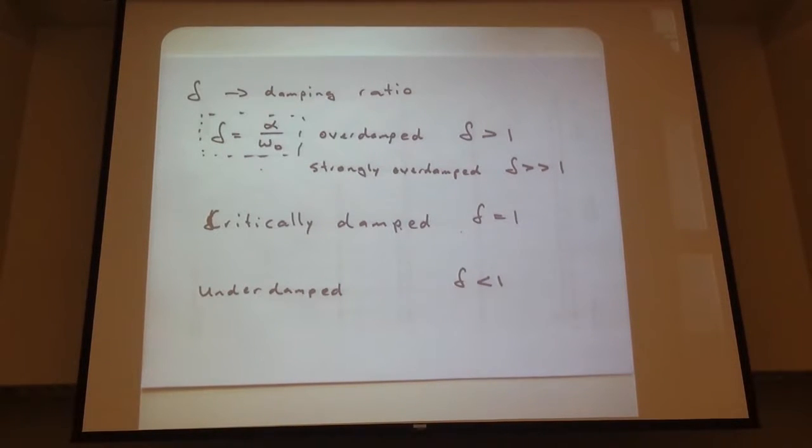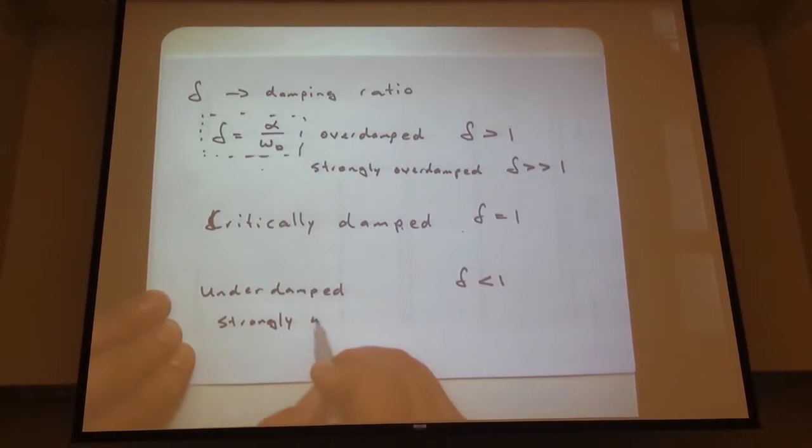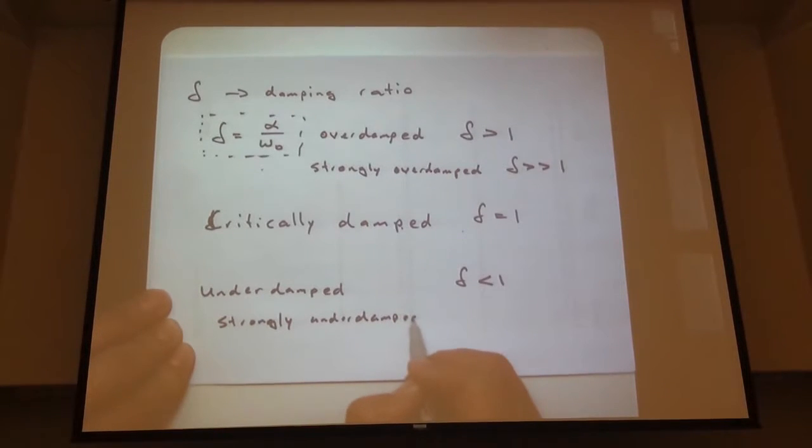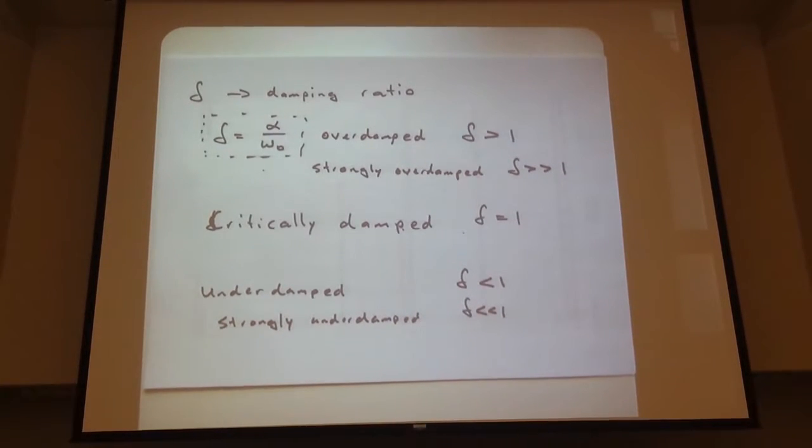And then we can again say strongly underdamped if we're so inclined, a lot less than 1. And of all of these, which one probably makes the best second order filter designs? Underdamped. We'll do that last.